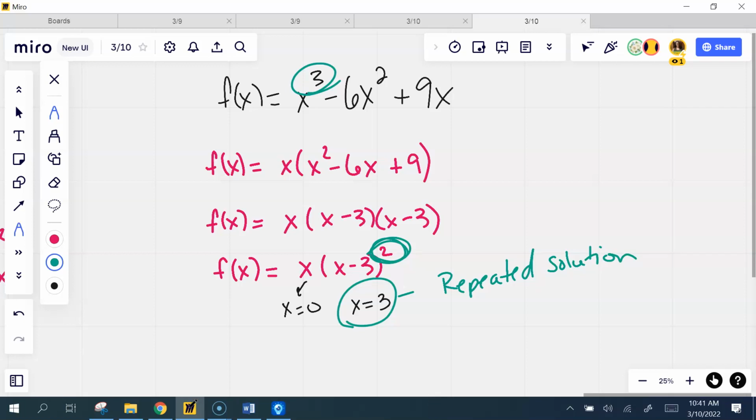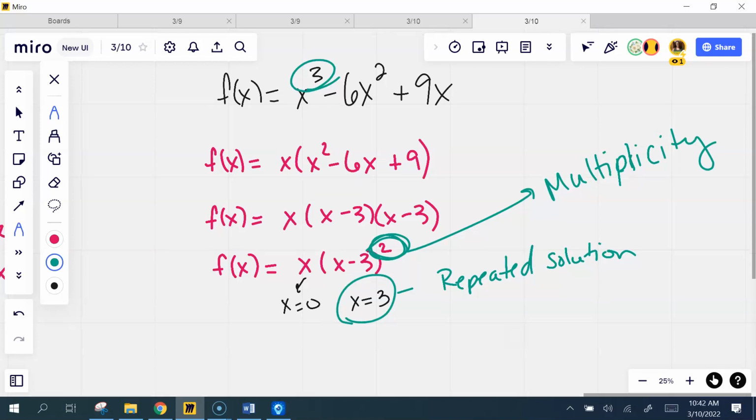That twice is called the function's or the zero's multiplicity. Multiplicity. And all multiplicity means is the number of times that that factor happens.